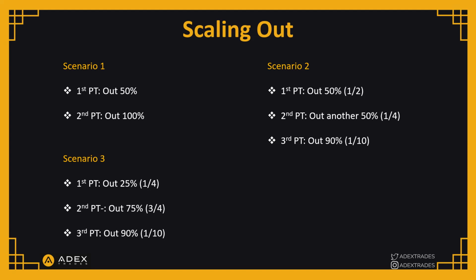Correct me if I'm wrong, but what ADEX was saying was, you enter a play, and for example, if it's a daily and it breaks a 2 up on the daily compared to a weekly, you don't want to scale more in if it does retrace, because at that point you're just averaging down.